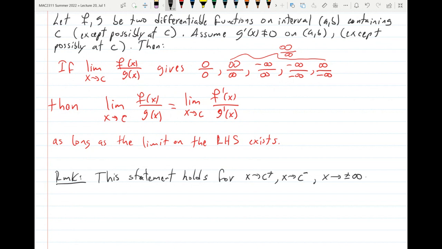Okay, so it doesn't have to be approaching a certain point from both sides. It could be side limits or also it could be infinite limits. So you can use L'Hopital's rule in any of these situations. The important thing is that it has to give you this type of indeterminate form, either 0 over 0 or infinity over infinity.